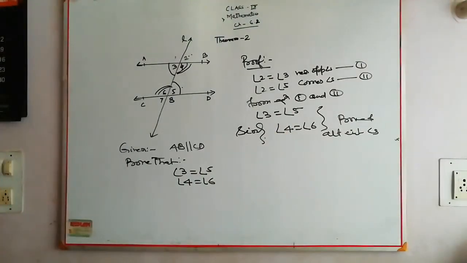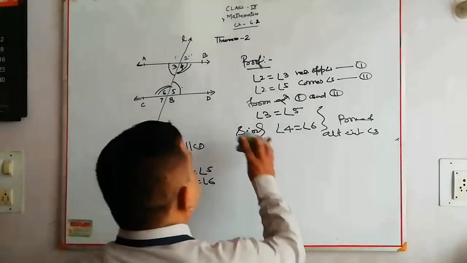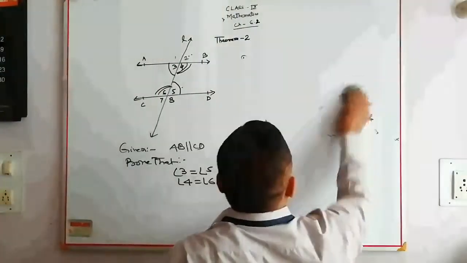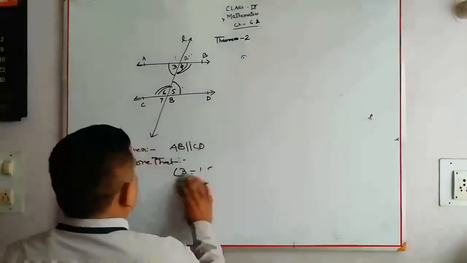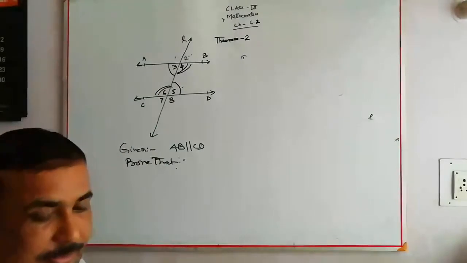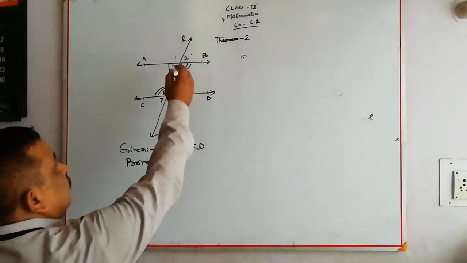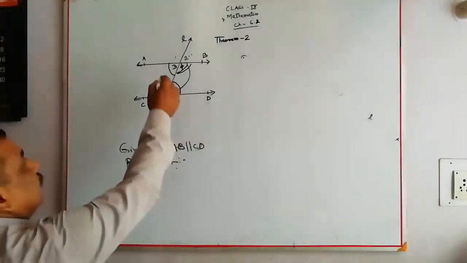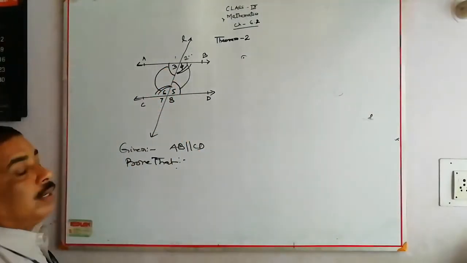Now, also we prove that the sum of co-interior angles is 180 degrees. Same process. Co-interior angles, its meaning is what? The sum of angle 4 and 5 and the sum of angle 3 and 6 is 180 degrees.